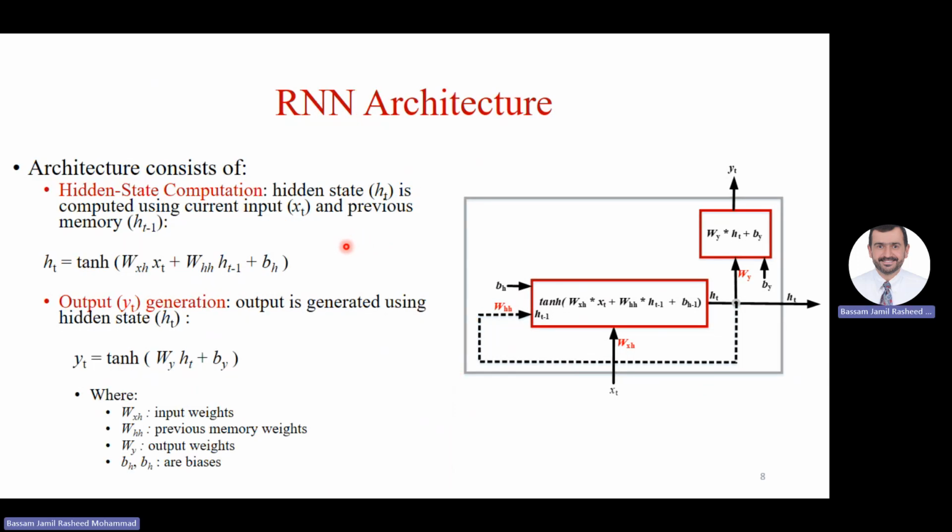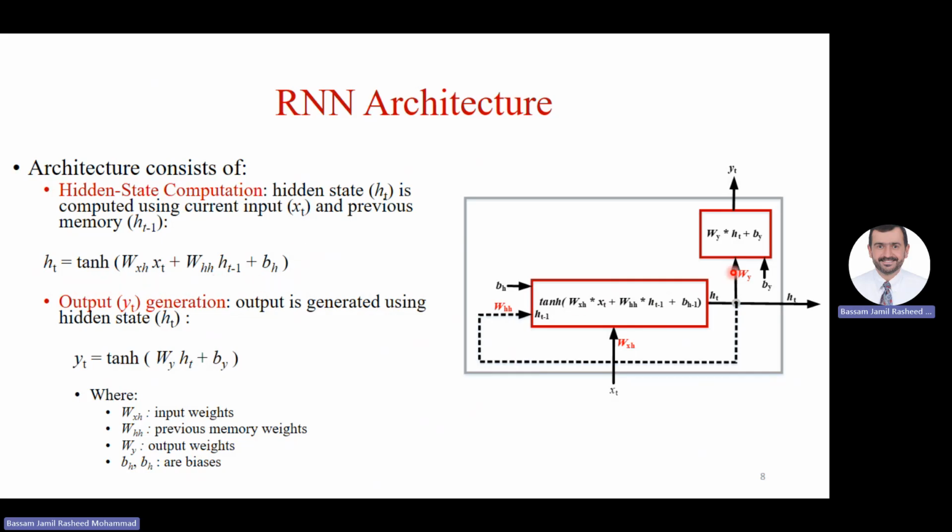Now, as we have stated, in terms of the architecture, we have the key component here, the hidden state, which consists of 1 or more neurons. The hidden state is computed by this equation.